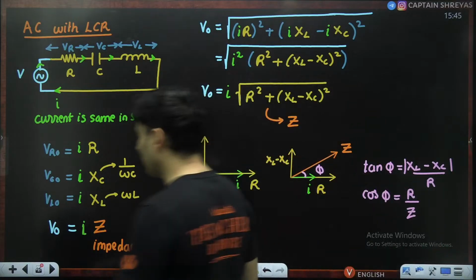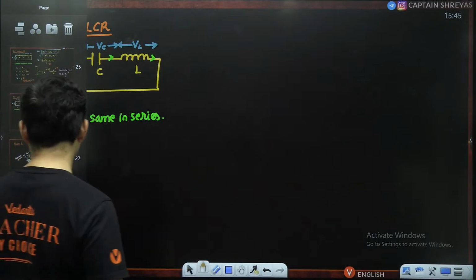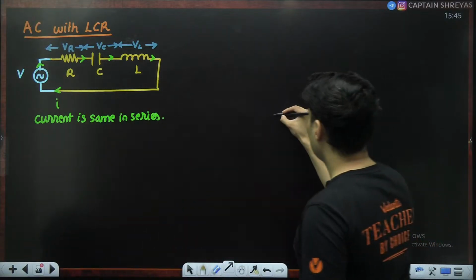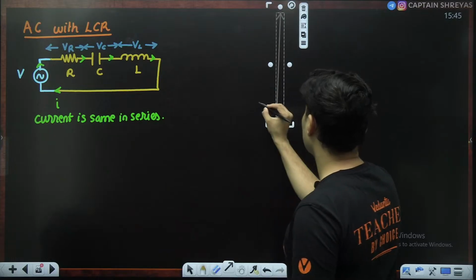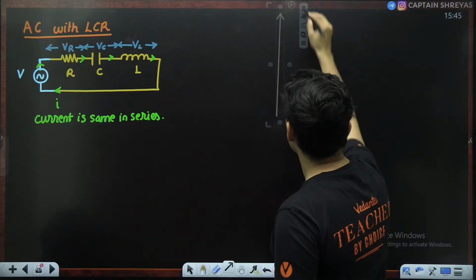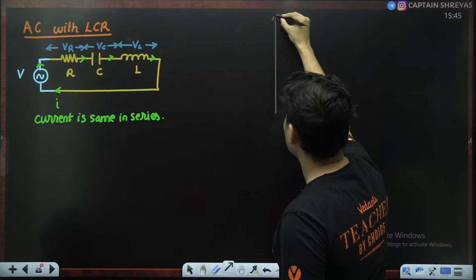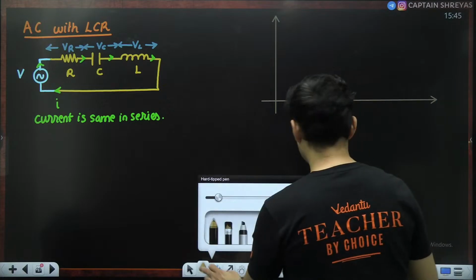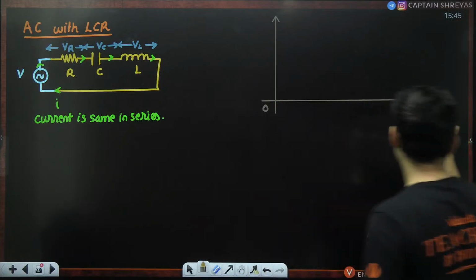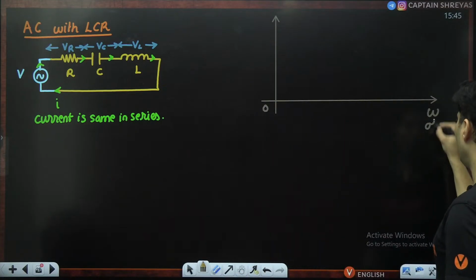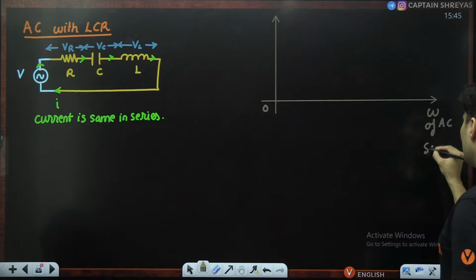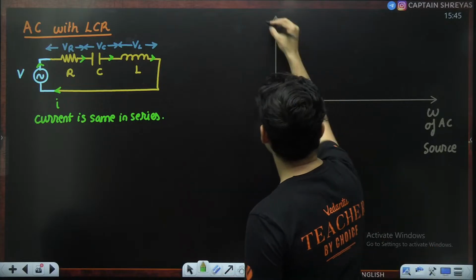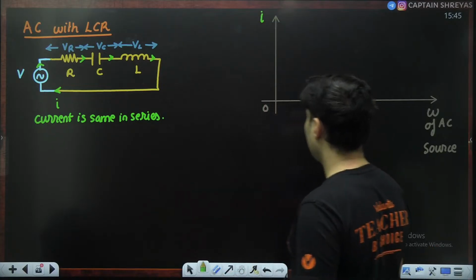Now, if you draw that particular graph, that's a very interesting one. Here you have omega of the AC source, and here you have the current in the circuit.